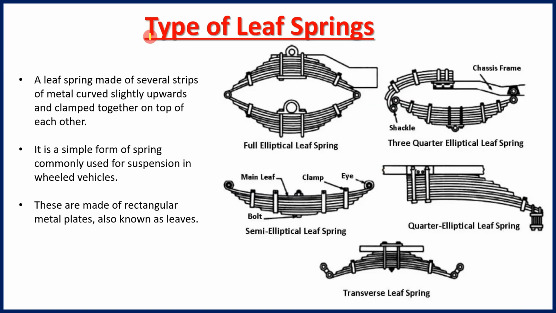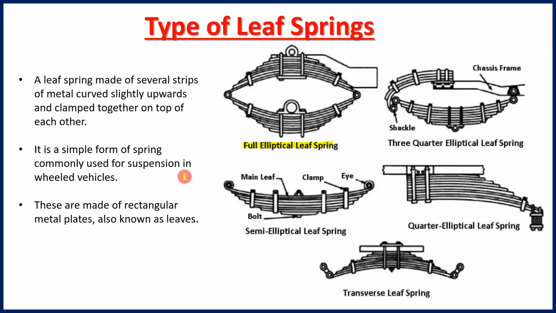Now let's discuss the different types of leaf spring. Leaf springs generally have 5 types, beginning with the full elliptical leaf spring. Here the complete shape looks elliptical, that's why it is named full elliptical leaf spring.